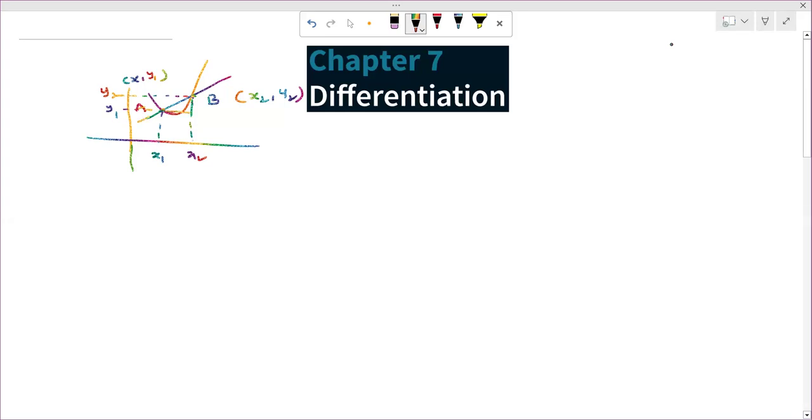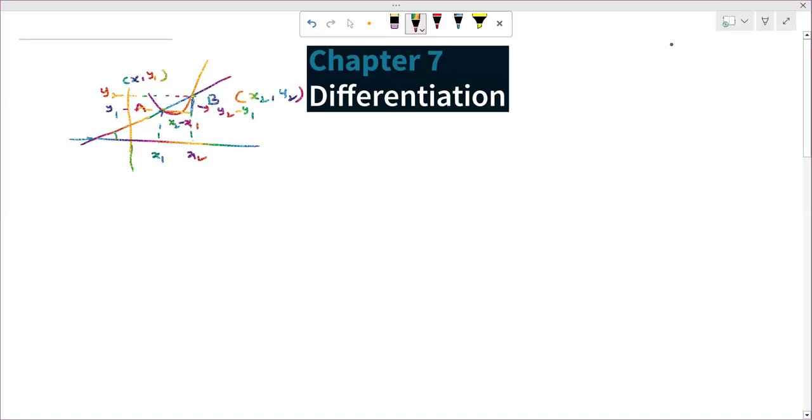Now, what is meant by gradient? If a line makes an angle with the x-axis in a positive direction, then the value of tan of that angle is nothing but the gradient. This vertical length is y2 minus y1, and this horizontal length is x2 minus x1.